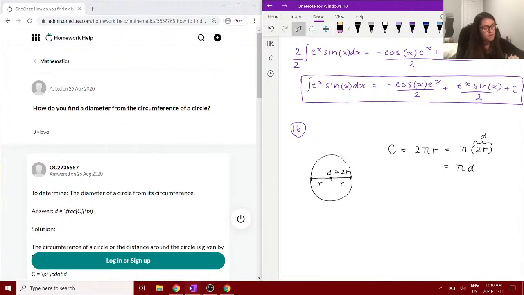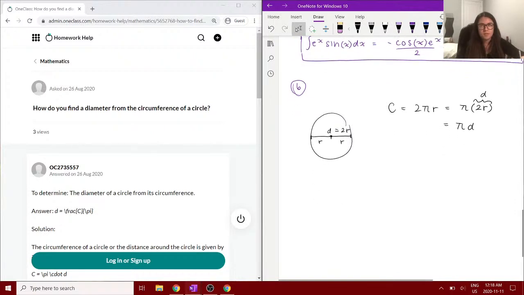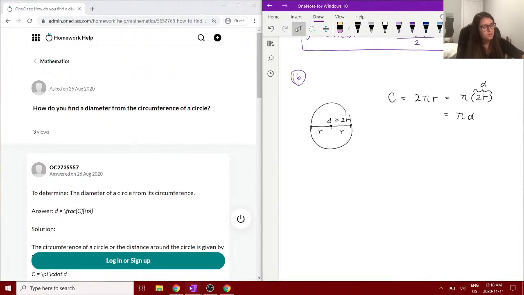So if you want to find out what the diameter is from the circumference, all you have to do is rearrange this equation. You have circumference is equal to pi times diameter. Well, if we want to rearrange for diameter, we have c divided by pi. And that's how you find the diameter from a circumference of a circle.